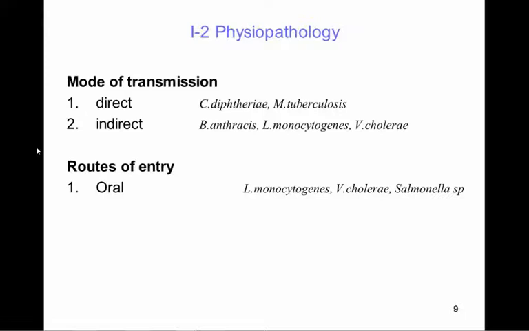So for Vibrio cholerae, the fecal-oral route is the frequent mechanism of infection. Respiratory: if you inhale bacteria, this can be a route of entry, as with tuberculosis and diphtheria.